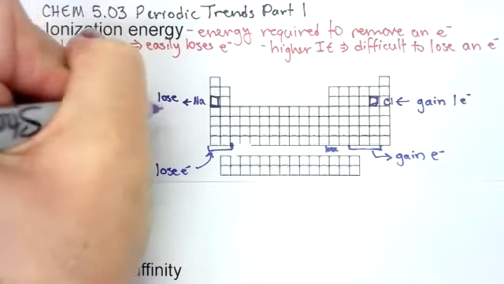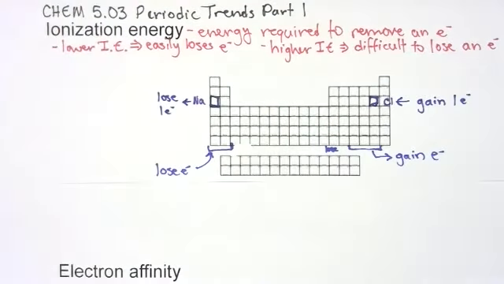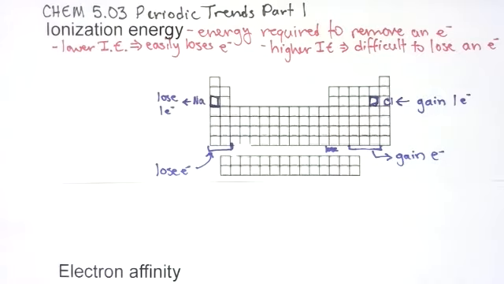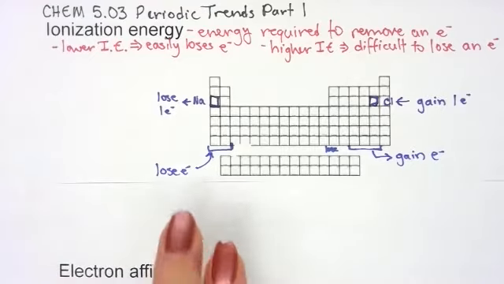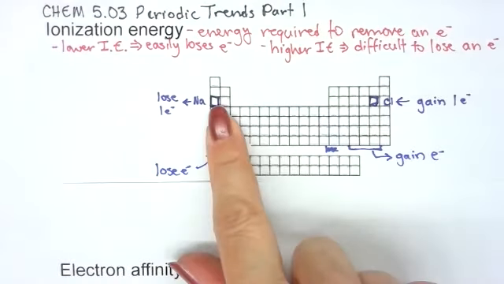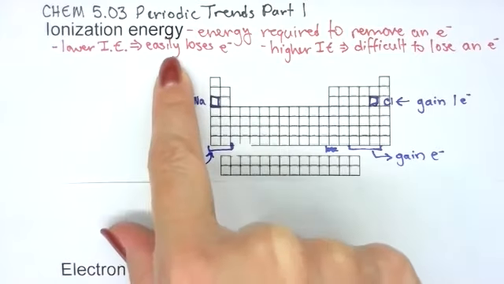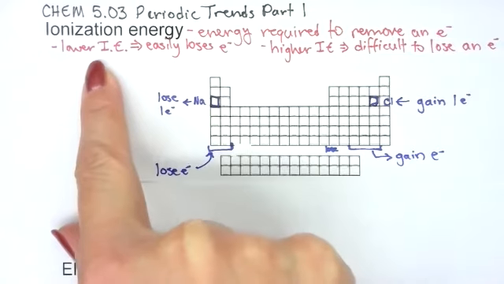Here we're talking about losing 1 electron. So if the ionization energy is the energy required to remove an electron, is it going to be very tough to convince sodium to give up an electron? No, it's trying to do that anyways. So it's easily losing an electron. That's going to give it a really low ionization energy.